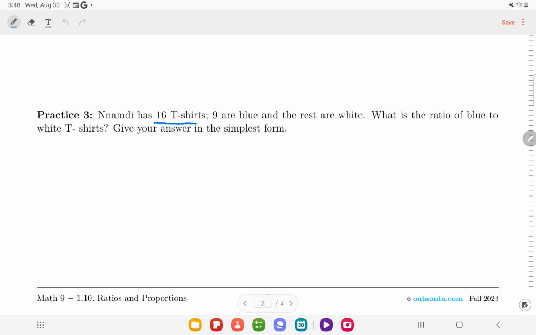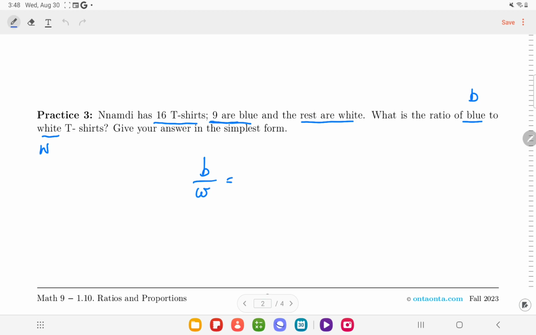Namdi has 16 t-shirts. 9 are blue and the rest are white. What is the ratio of blue to white t-shirts? Let's represent blue t-shirts with the letter B and white t-shirts with the letter W. We're looking for a ratio of blue to white t-shirts.